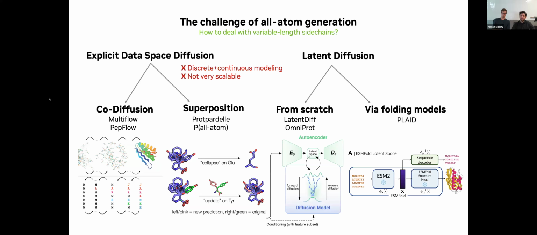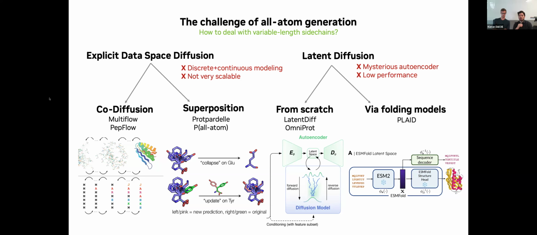On the other hand, we have latent diffusions, and again, this can be divided into two different types, you could say. One, when we train the autoencoder, so we build the latent space ourselves from scratch. These examples here are LatentDiff and OmniProt. And on the other hand, you have PLAID, for instance, that uses the intermediate variables of a folding model, in that case, ESMFold.